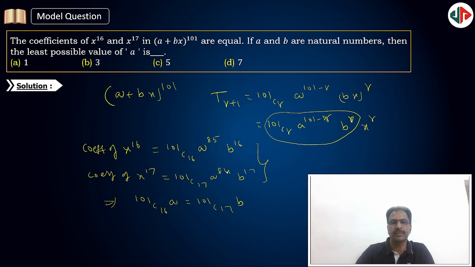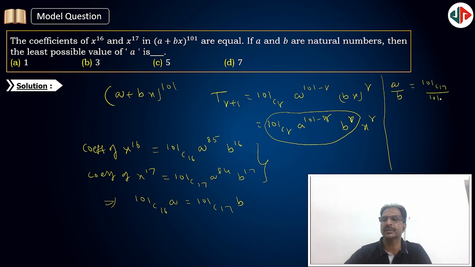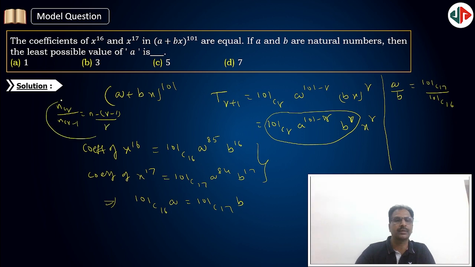On both sides, a power 84 gets cancelled, b power 16 gets cancelled. Now, what is a by b? a by b is 101 C 17 by 101 C 16. What is the formula for nCr by nCr minus 1? So many times we discussed: n minus (r minus 1) by r. So this is in that form.